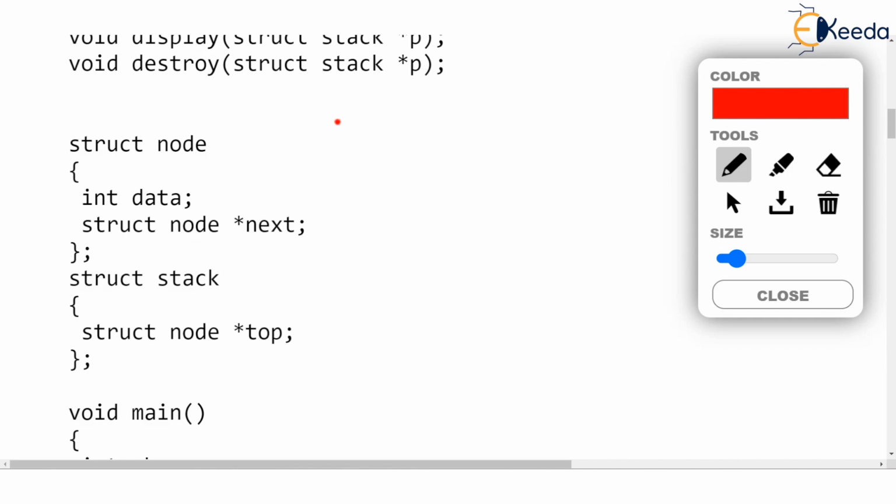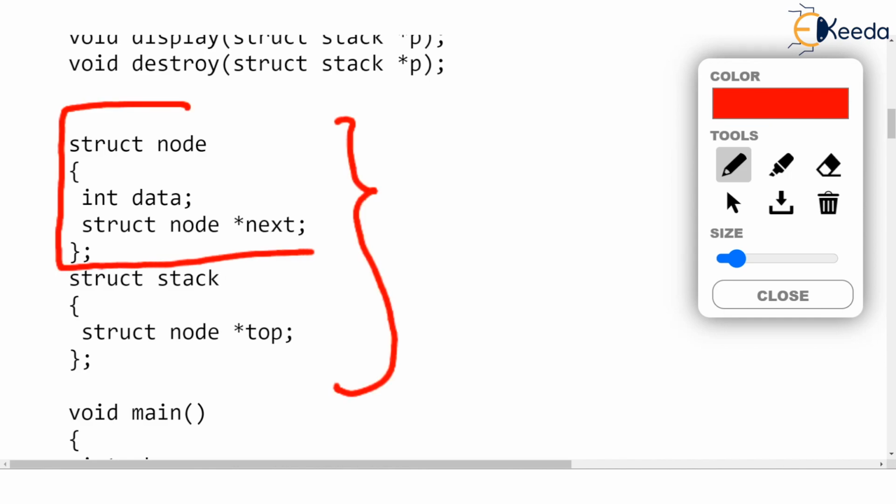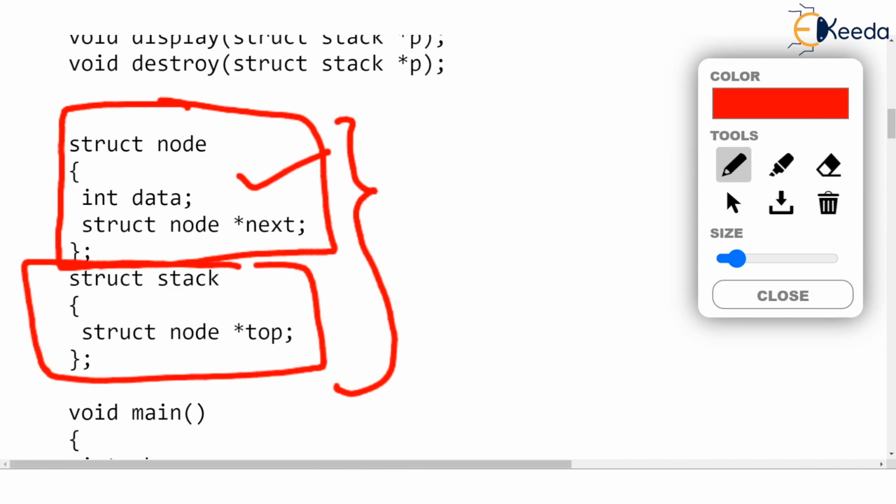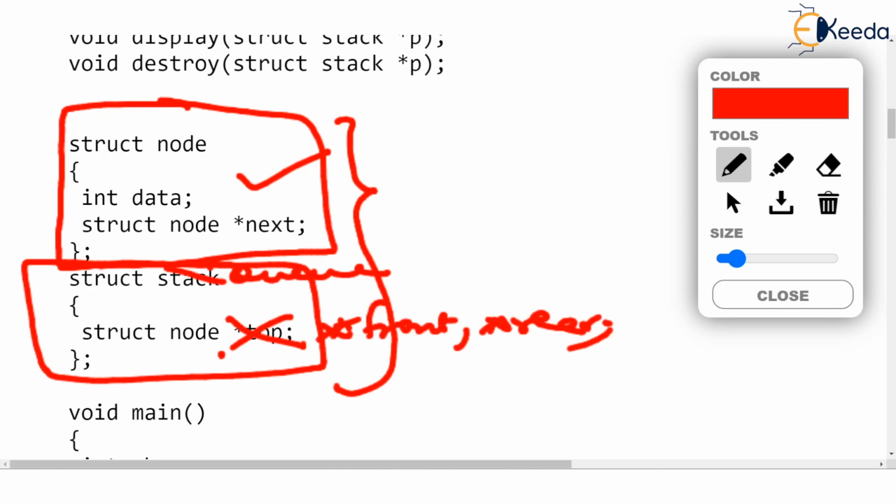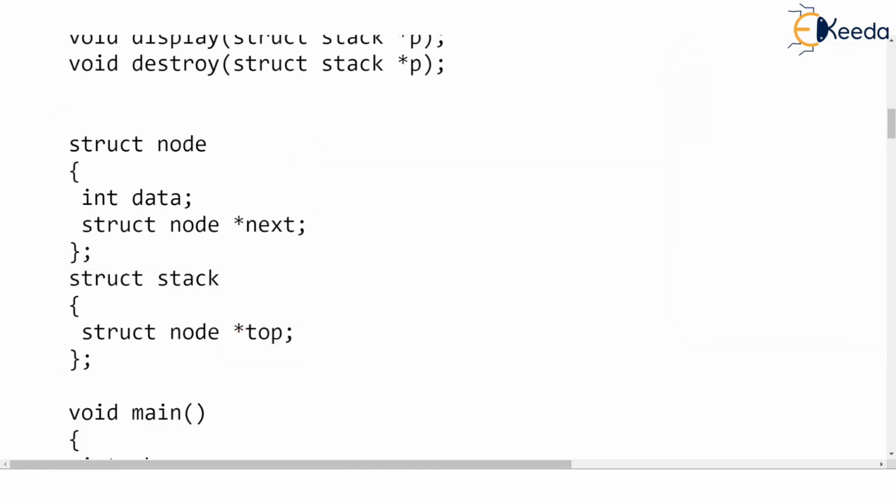First, we write the constituent node, a single node, how a particular node looks. And as a whole, we declare a stack, and we say stack contains only top, whereas when we write the queue program, we will say queue contains front and rear. So in the queue, we will have only this change, that we will have pointer front and pointer rear. These two declarations are the main contents of our program.